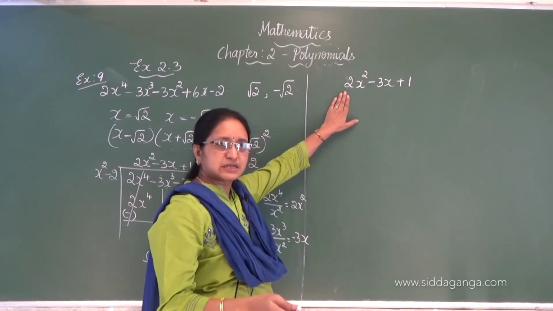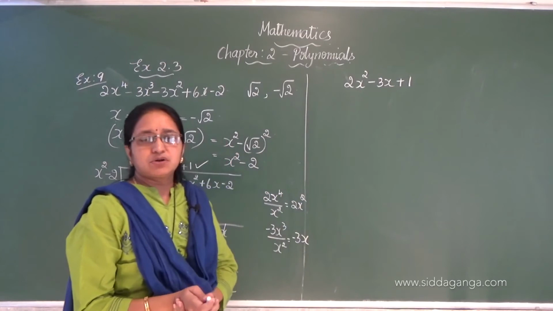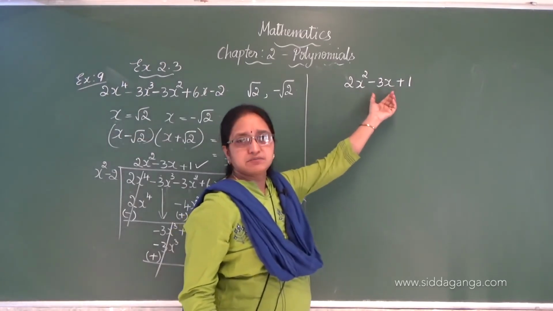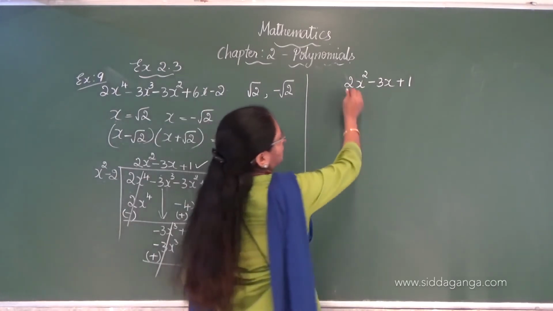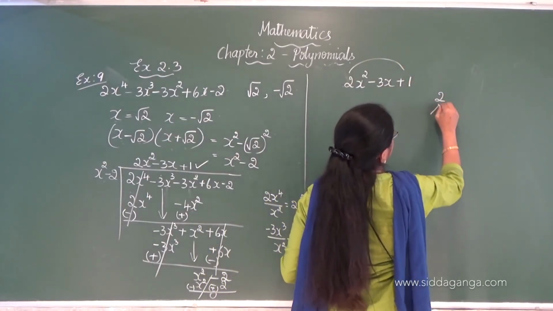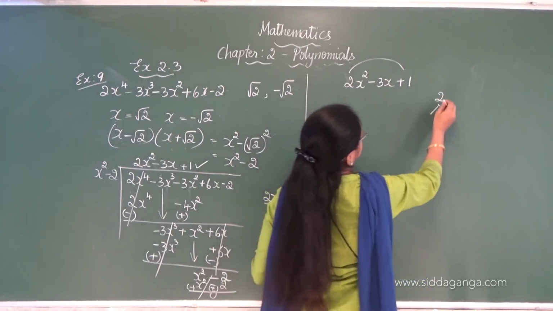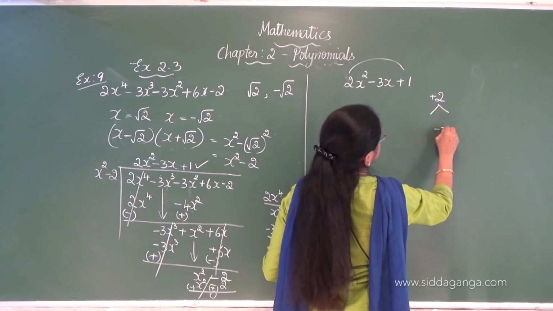We got the quotient. Now this is the third step. See, in the previous class I had told you how to find out the zeros of the quadratic polynomial. What will you do? Splitting the middle term. By splitting the middle term you will get 2 more zeros. Now here 2 ones are 2. When you split it you should get plus 2, and when you add you should get minus 3.